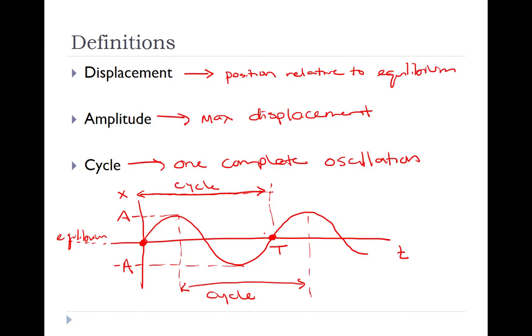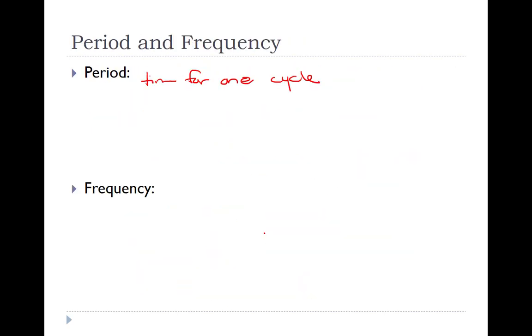And period is usually given by a capital T for its variable. And it is measured in units of time, so seconds would be a good unit for period. But potentially we could be looking at minutes, hours, days, years, any measure of time to get the period of an oscillating motion.